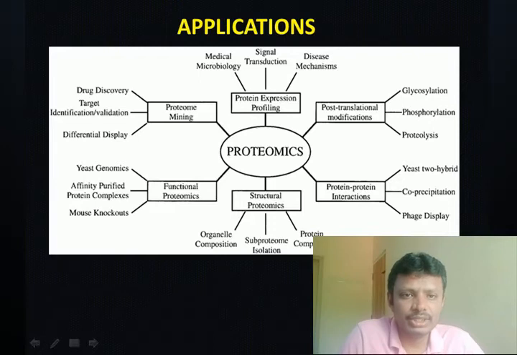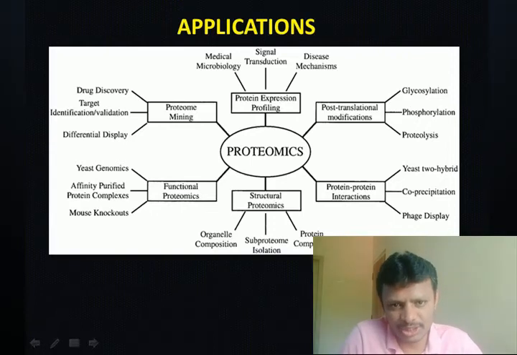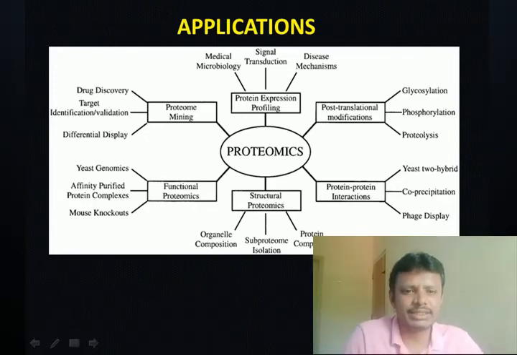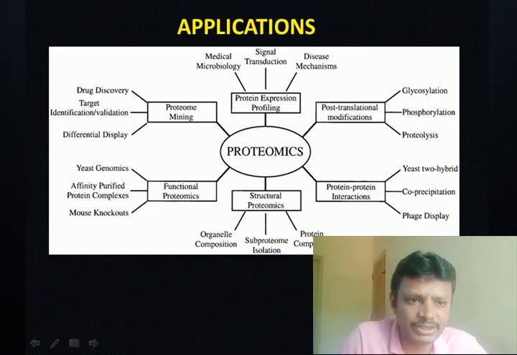In functional proteomics, we use yeast genomics analysis, affinity-purified protein complexes, and mouse knockouts, stopping the expression of a gene and studying how exactly that protein is responsible for a disease or normalcy. Then proteome mining for drug discovery, target identification, validation, and differential display. Out of this, at least try to divide and put it into a format, and write at least 5 to 6 applications.